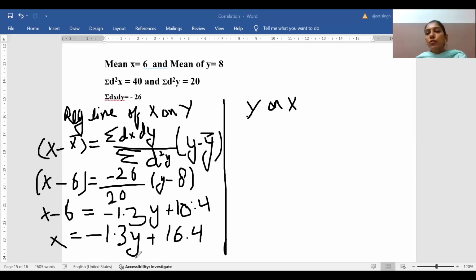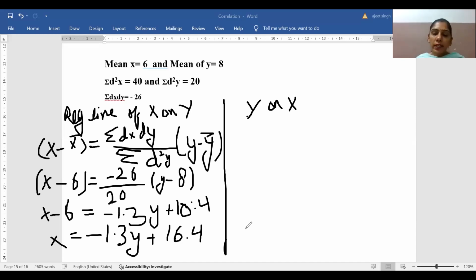So how we have solved this equation is, the regression line of x on y is x minus x bar is equal to summation dx dy divided by summation d square y, bracket y minus y bar.